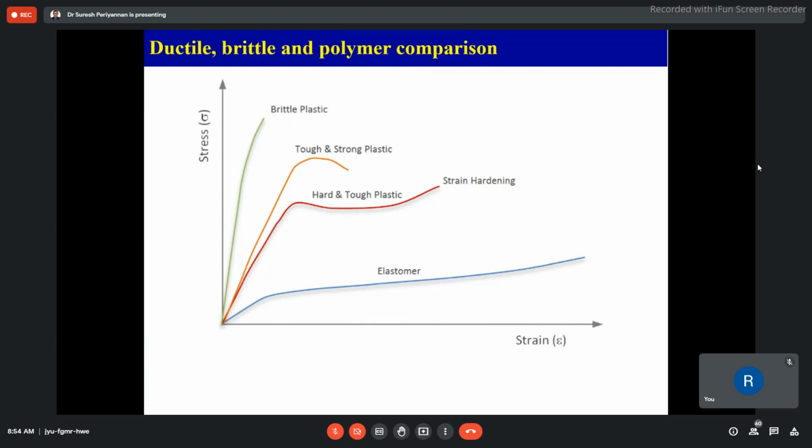Okay, when you take a brittle plastic, the material is under brittle behavior. This is the stress strain behavior of the brittle plastic. Now, if the plastic we are using is a tough and strong plastic, then the material's stress strain behavior is like this.